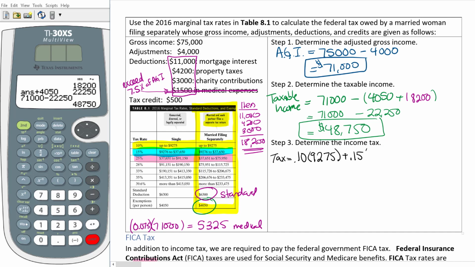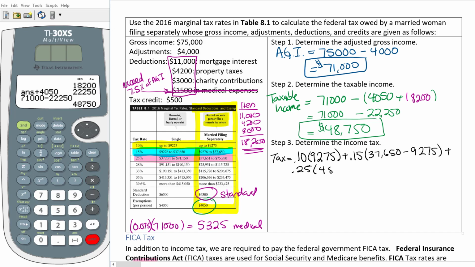Plus, in my next bracket, I have all of the taxable income from $9,276 to $37,650. So I'm just going to take the $37,650 minus $9,275, plus 25%, so 0.25 times all of the taxable income in the next bracket. Now, this married woman's taxable income doesn't go all the way up to $75,000.